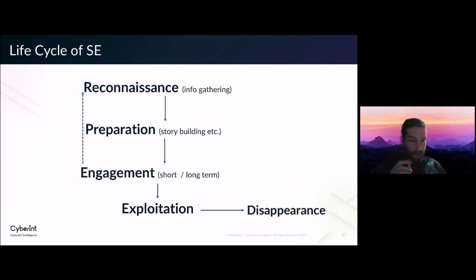In some cases, however, after they exploit, they could also blackmail, perhaps. If they have enough dirt that they collected during the whole social engineering, this whole cycle can continue with the blackmail, and it's even worse. But again, the most common method of social engineering is to disappear once you have exploited the victim.